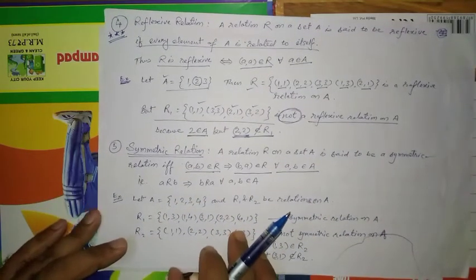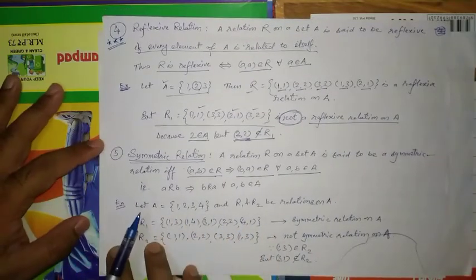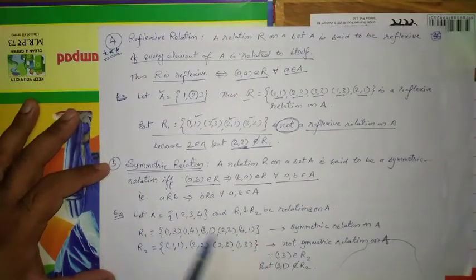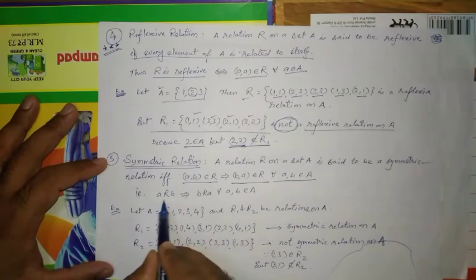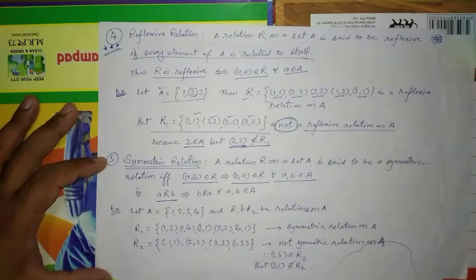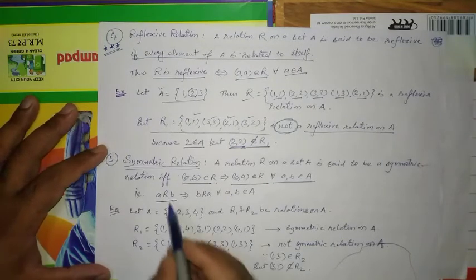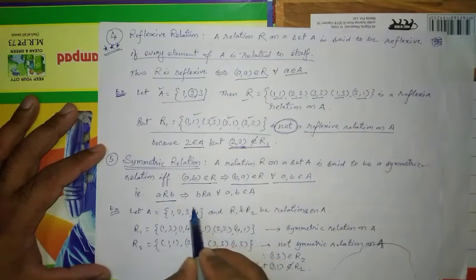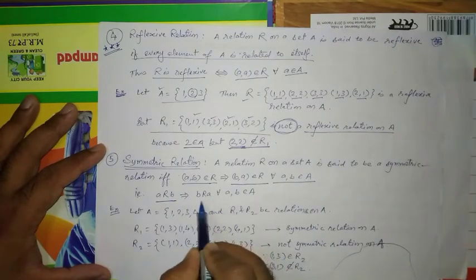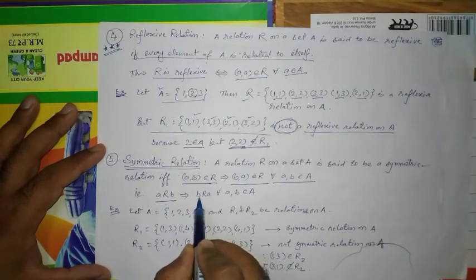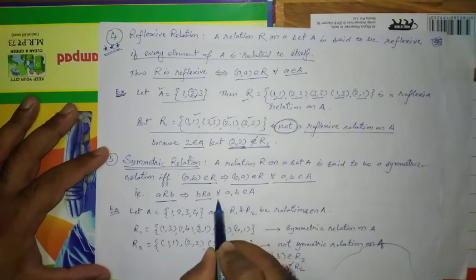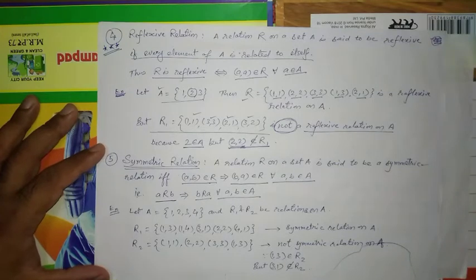Generally, it is said that A is related to B by the relation R, which implies that B is related to A by the same relation for all a, b that belong to A.